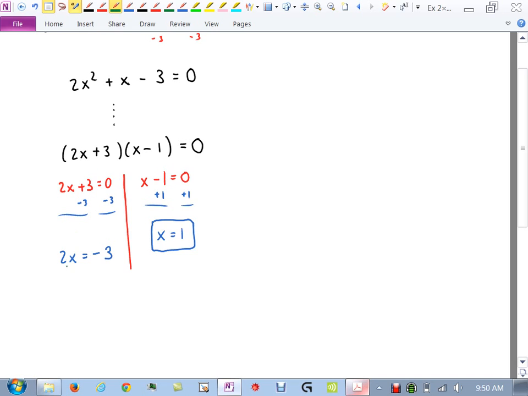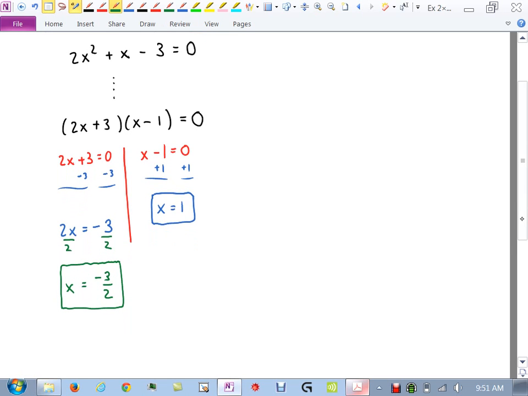So x is equal to, and just leave it as a fraction, negative 3 over 2. That's it. See how that's a little bit trickier? So that's why I don't like to just say, oh, just take the opposite of what you see, because sometimes it's not the opposite of what you see. Questions?